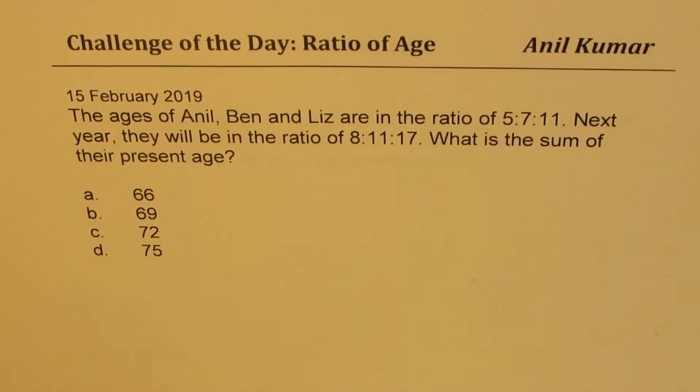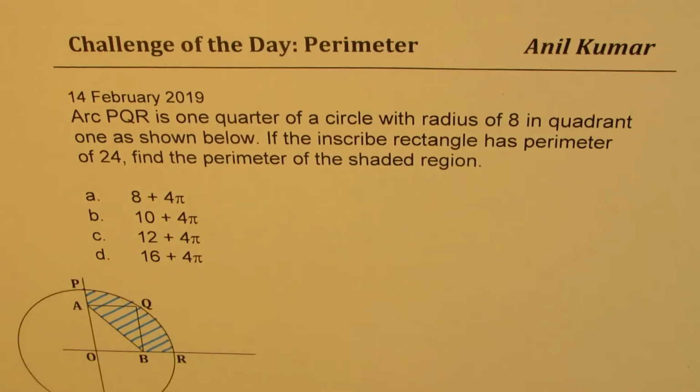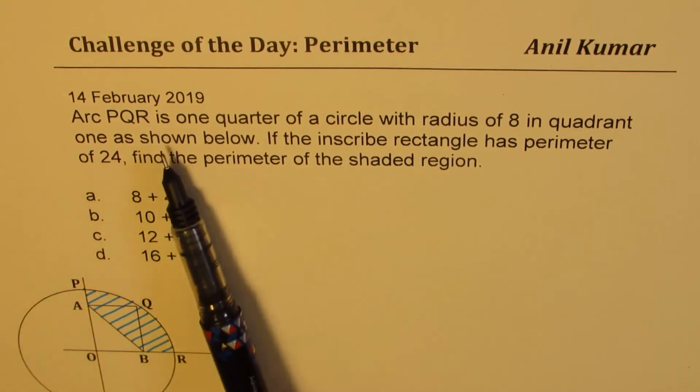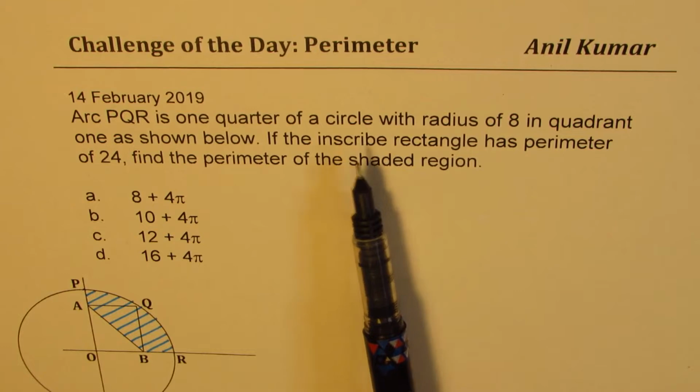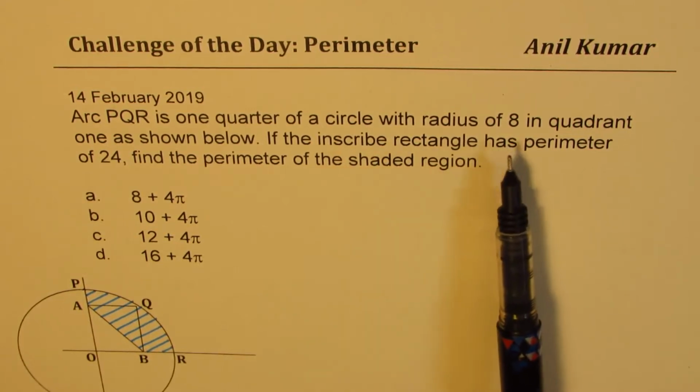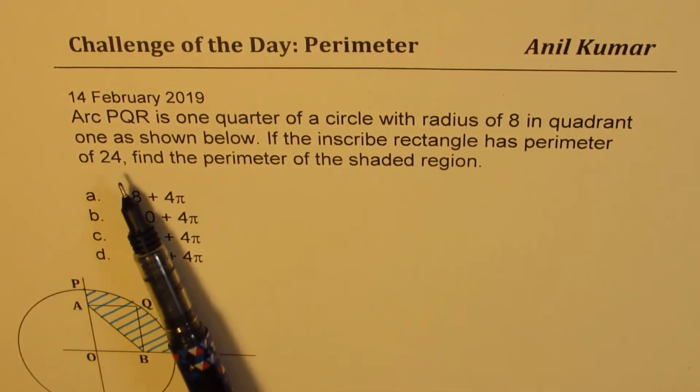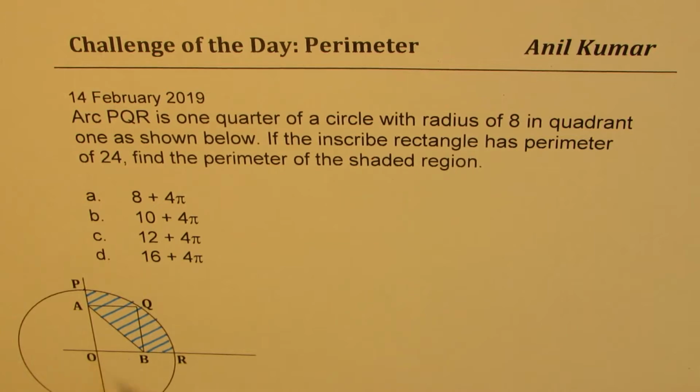Now, let's look into the solution of yesterday's question, which was a very interesting question. 14th February's question was: arc PQR is 1/4 of a circle with radius of 8 in quadrant 1 as shown below, right?